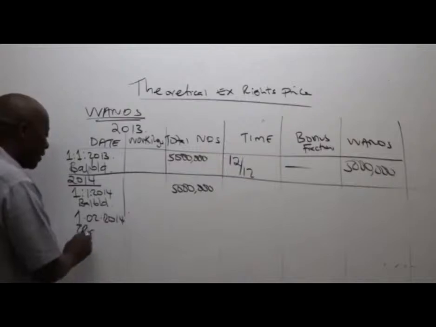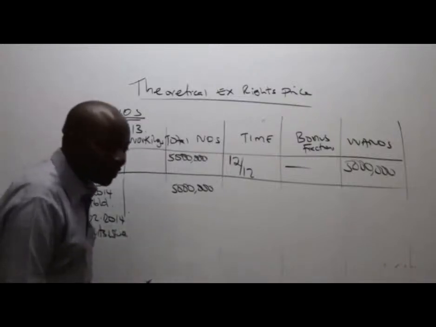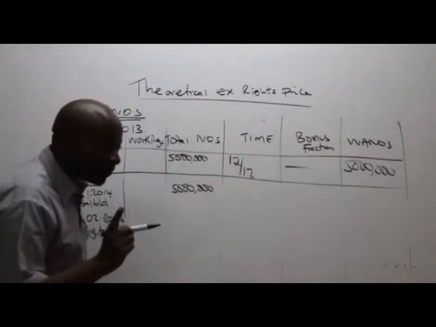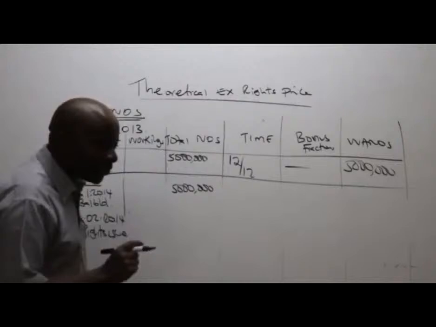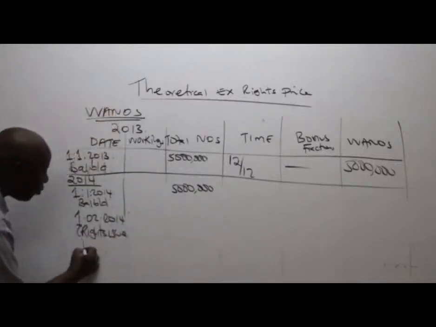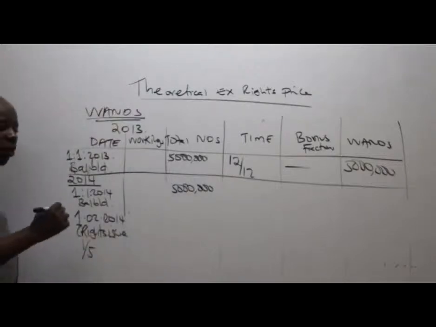A rights issue of what fraction? 1:2? Yes, a rights issue of 1:5, a rights issue of 1/5.